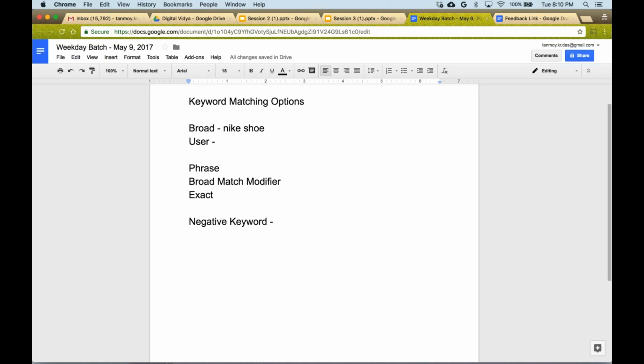Something like this: your keyword was Nike shoe, so the user came to google.com and searched for the keyword, searched for a plural version of the keyword, searched for a misspelling, variations and synonyms as well.